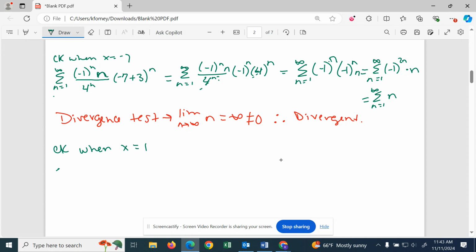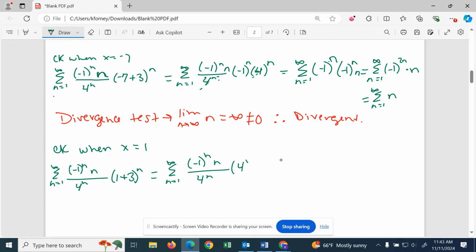Now we have the sum from n equals 1 to infinity of negative 1 to the n times n times (1 plus 3) to the nth, over 4 to the n.